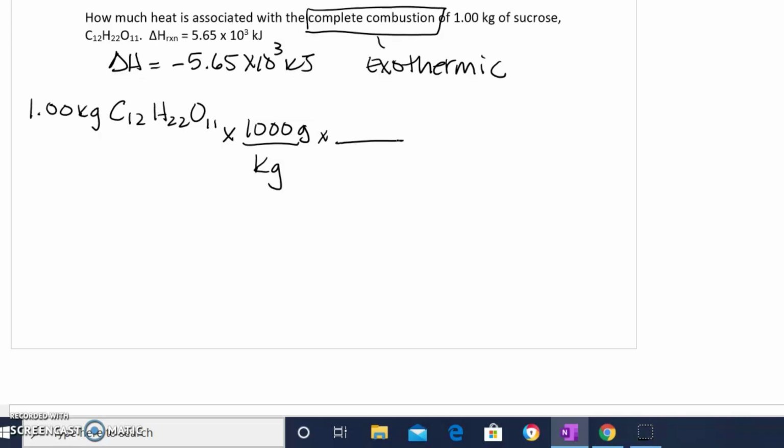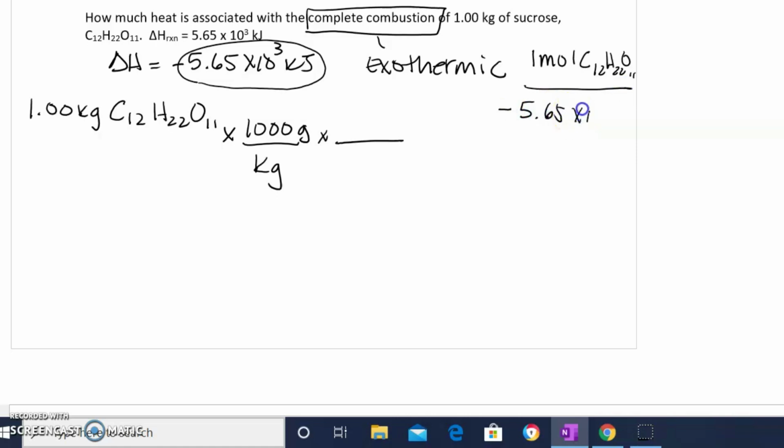And then what's the association with our delta H here? So we have the complete combustion. So that means in 1 mole of our sucrose, C12H22O11, that's going to be related to our negative 5.65 times 10 to the 3 kilojoules.